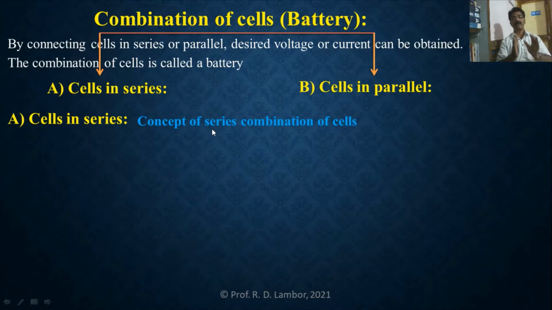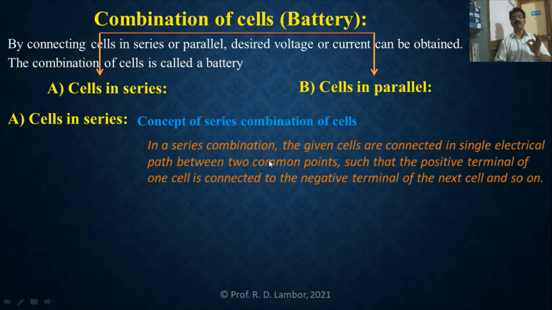The given cells, which may be two or more, are connected along a single electrical path between two common points such that the positive terminal of one cell is connected to the negative terminal of the next cell, and this is continued for the further cells.